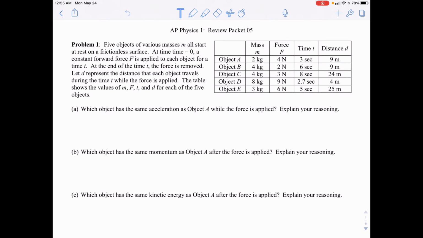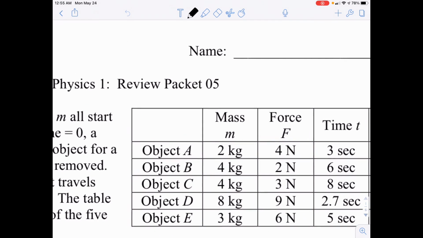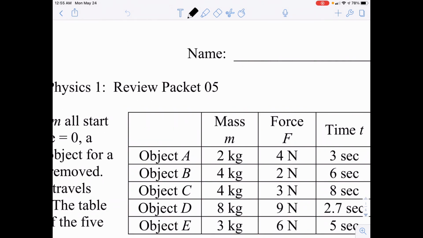Part A. Which object has the same acceleration as object A while the force is applied? Explain your reasoning. Well, if we recall that net force equals ma, that means acceleration would be the net force divided by the mass.